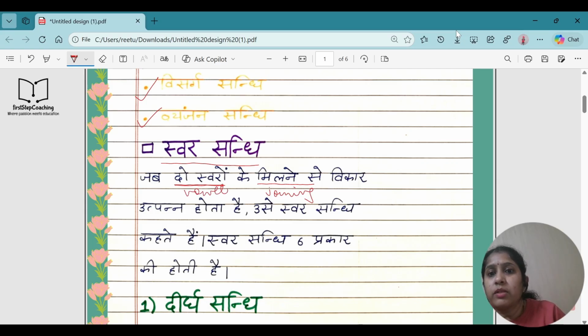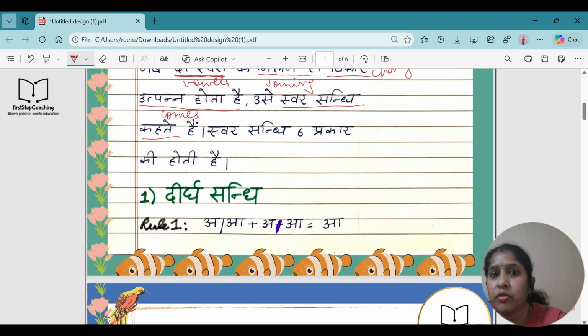When two vowels meet, vikar means change. Utpan hota hai means comes. So whenever a change in the words comes because of the joining of vowels, that is called Swar Sandhi. And there are six types of Swar Sandhi. We will be discussing them one by one.